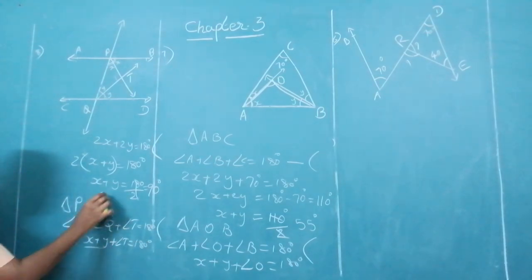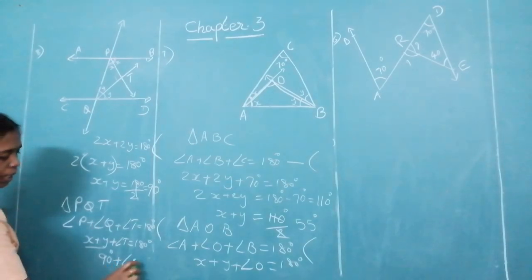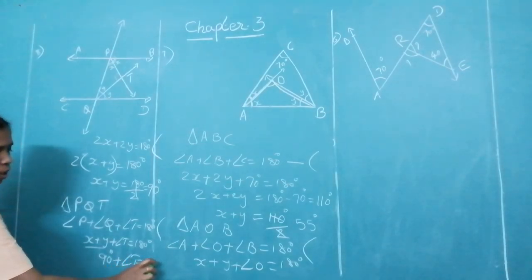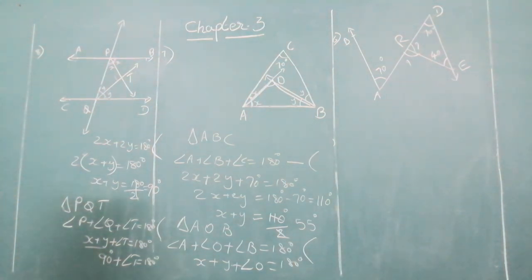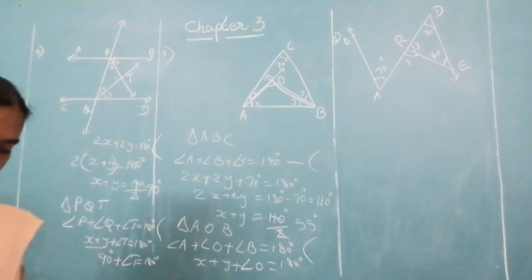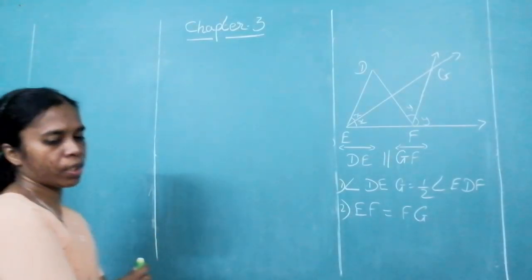But you know how much is x plus y? That is 90 degree. So, 90 plus angle T is equal to 180 degree. Therefore, angle T is equal to 180 minus 90, that is equal to 90 degree. And that is what you are asked to prove. Please copy it. Okay, we shall start with the next question.